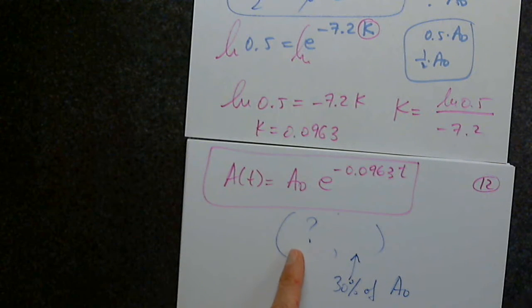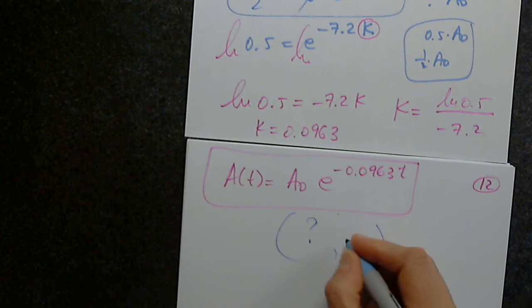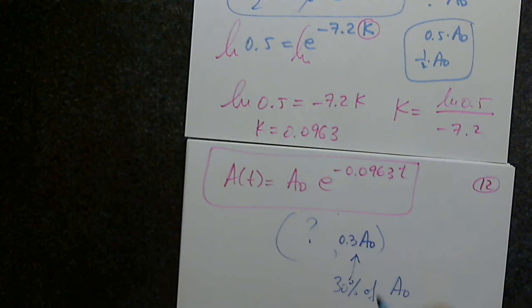How long it takes for the amount to be 30% of A0? How do I write that? 30% of A0. What operation do I use? Multiplication. Very good. 0.3 A0.